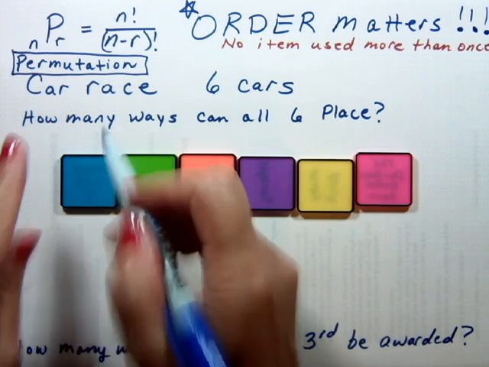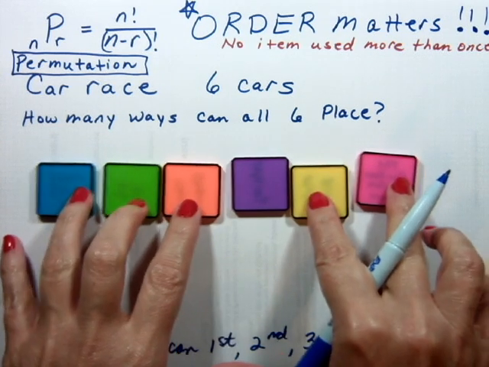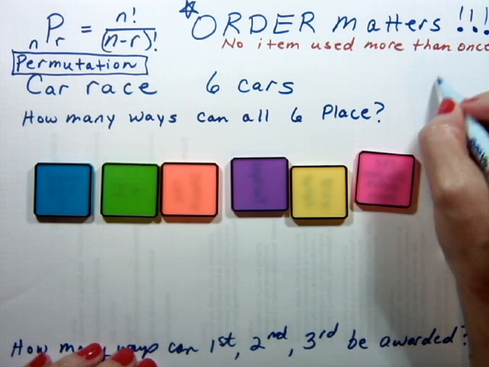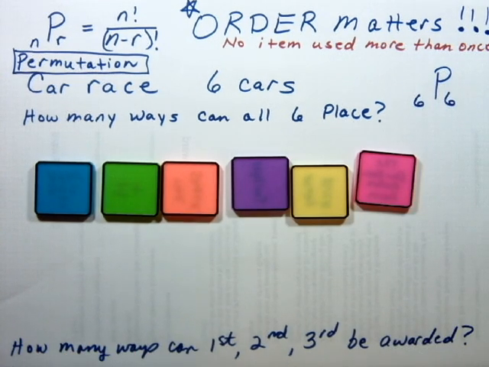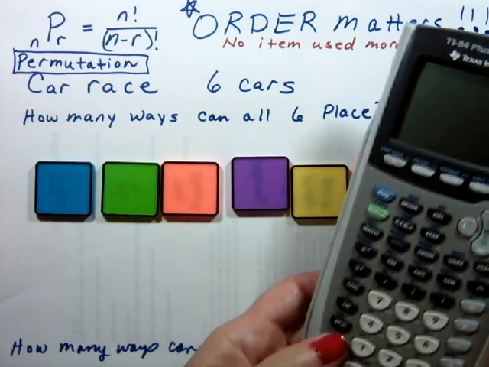So one way I could do this is say, well, since order matters, this would be the permutation of 6 cars taken 6 at a time. On my graphing calculator, I would do it this way.